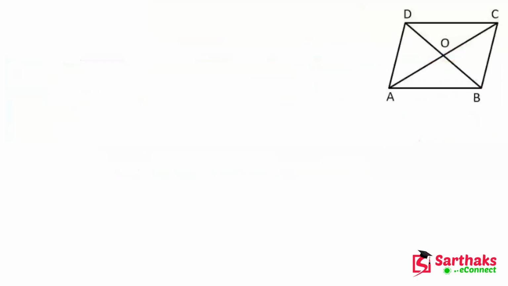Now let's start. Here is the proof. We know that ABCD is a parallelogram, and diagonals of a parallelogram bisect each other.